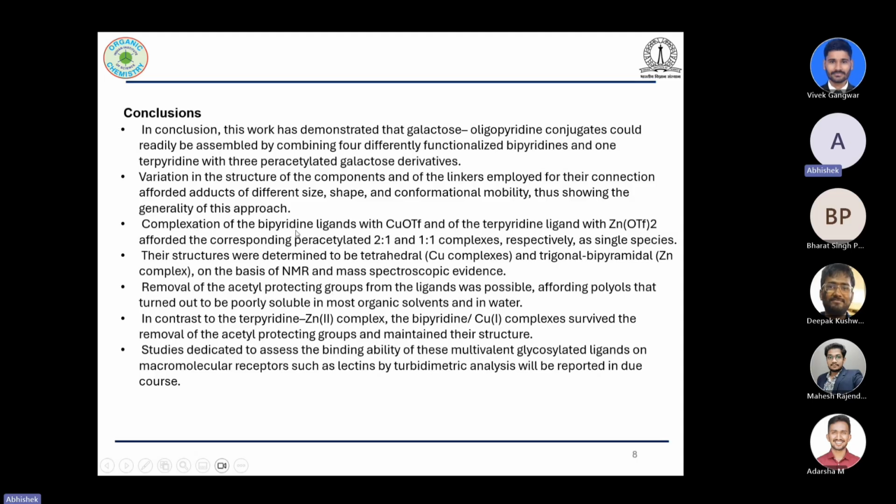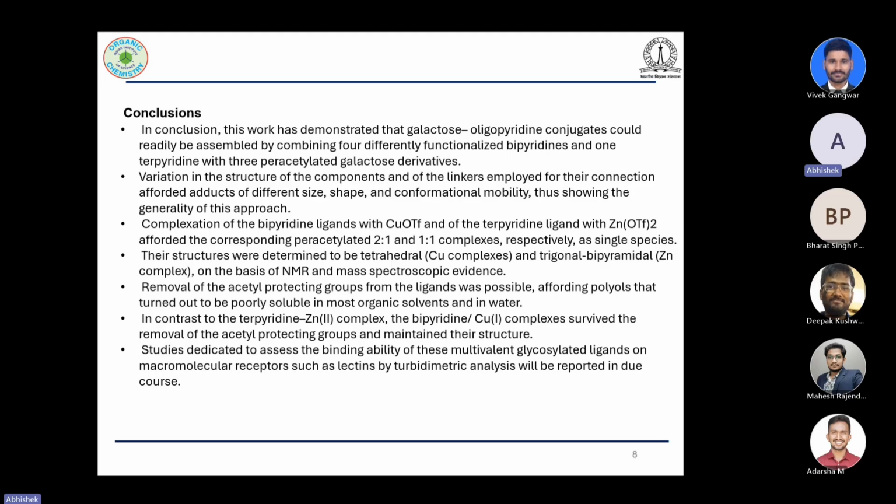Complexation of the bipyridine ligands with copper triflate and of terpyridine ligands with zinc triflate afforded the corresponding complexes in 2:1 and 1:1 ratios respectively as a single species. These structures were determined to be tetrahedral and TBP by NMR and spectroscopic evidence.